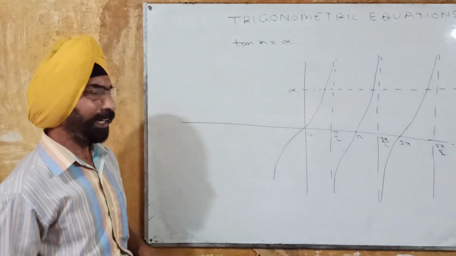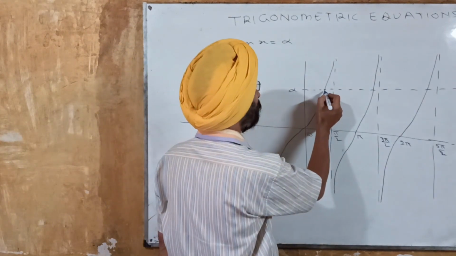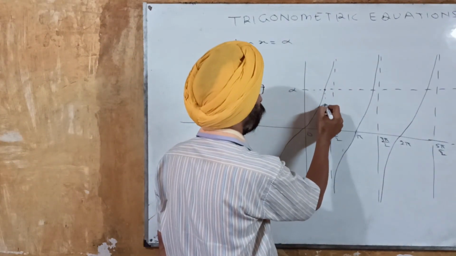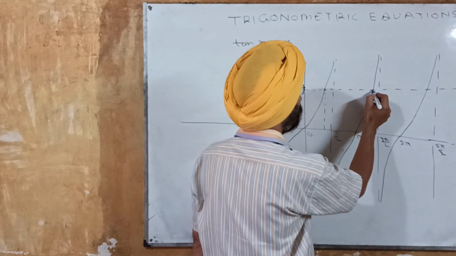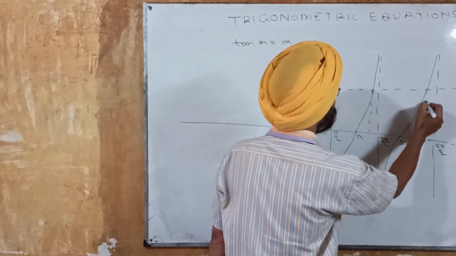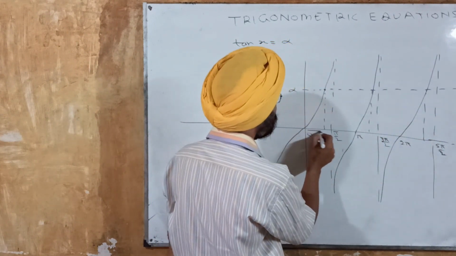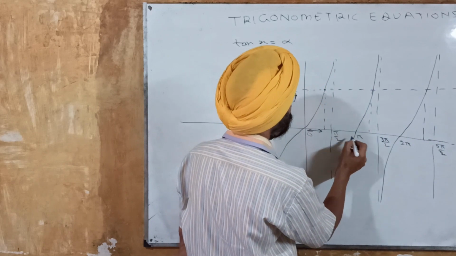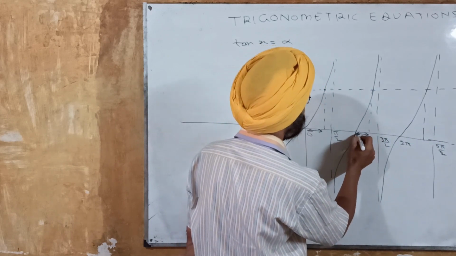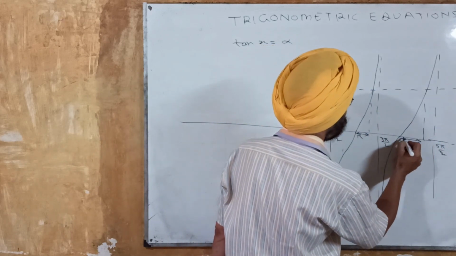There are two graphs, and where they intersect each other, one is this point, then the next one is this point, then the next point is this point. This distance is going to be the same as this distance, which is the same as this distance.